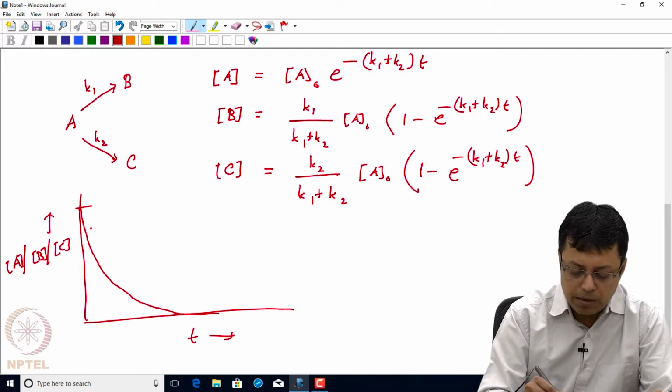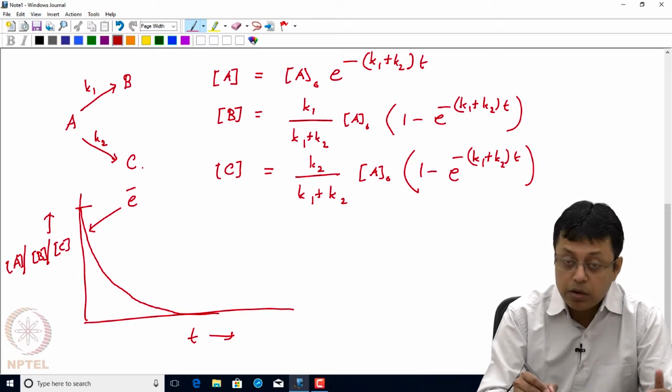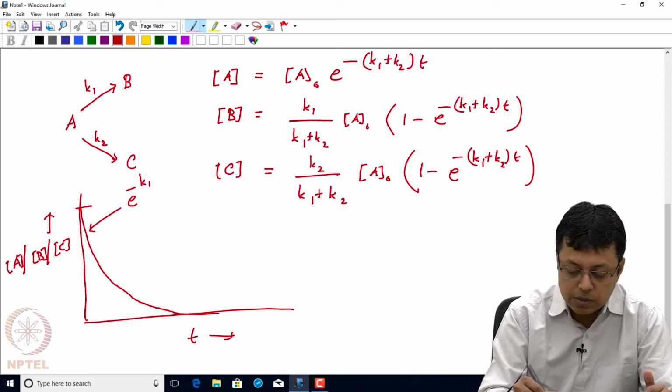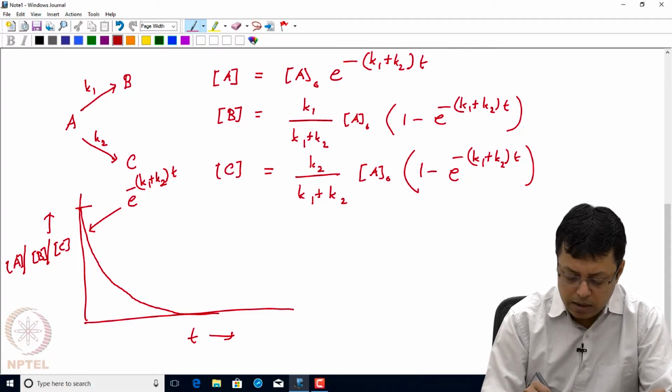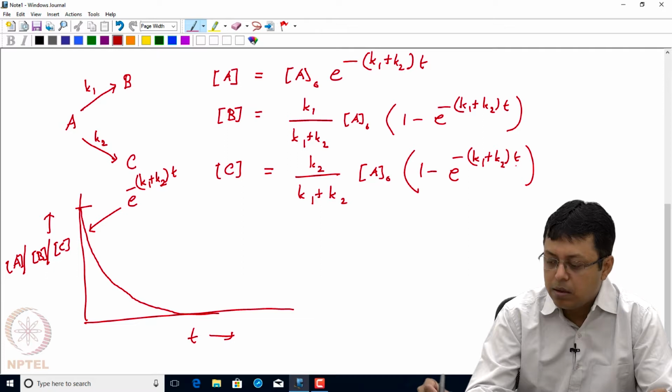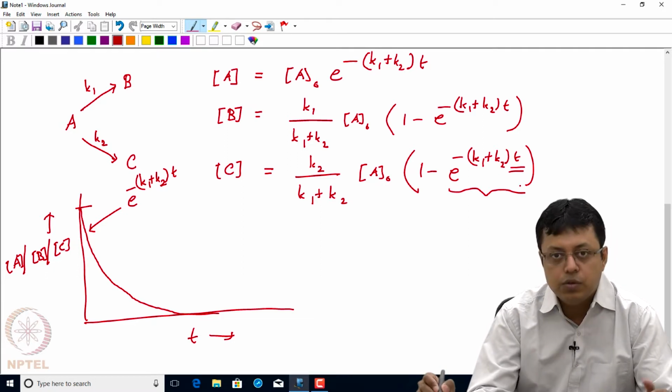But remember that it falls with a time constant which is not K1 or K2, it is actually K1 plus K2. Now B and C will grow, and eventually, as you can see, if I make this time to be infinity, this part goes to 0.